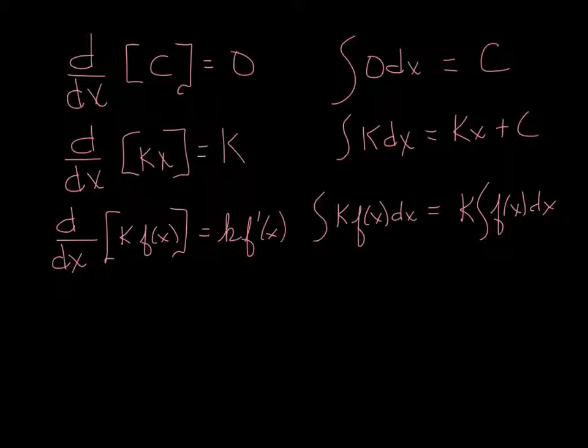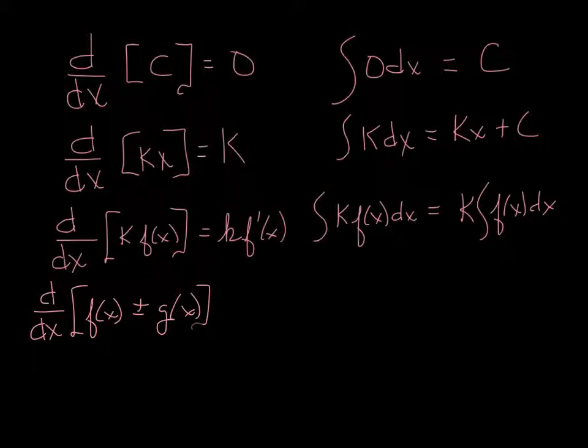If we have the derivative of a sum or difference of two functions, we learned that we could just take f prime of x plus or minus g prime of x. Well, we can do the same thing when we're taking an antiderivative.